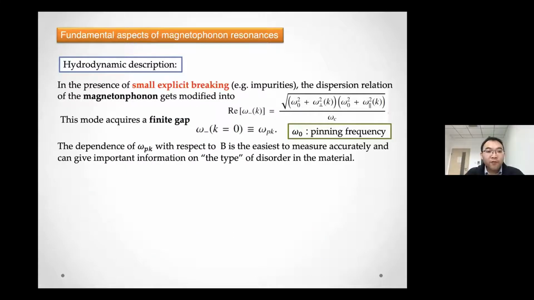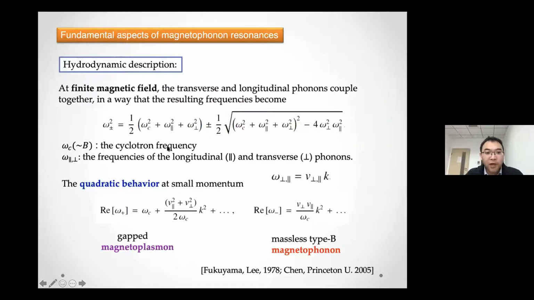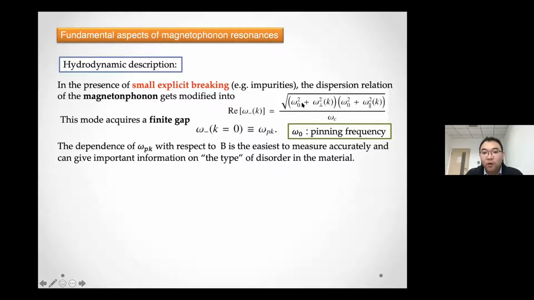Actually, if we further introduce some small explicit breaking, like disorder or impurity, the dispersion relation of the magnetophonon will get modified to this relation. Here, omega_c, as we mentioned, is the cyclotron frequency, and omega_0 is the pinning frequency due to the impurity or disorder.